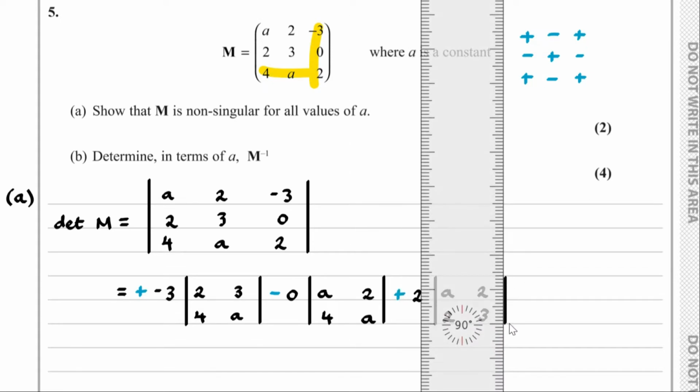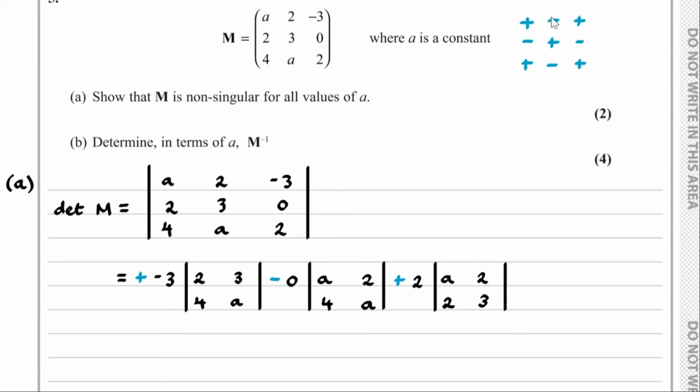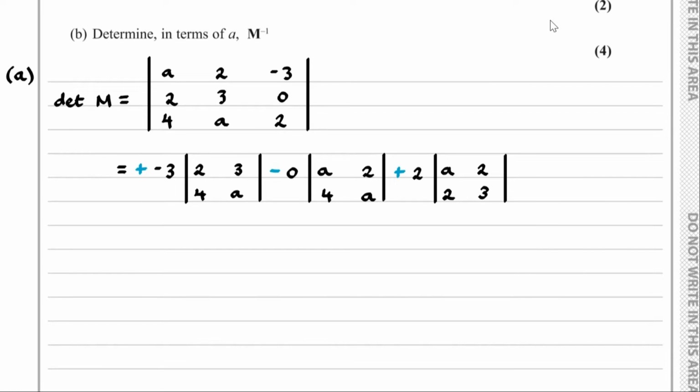And now we need to calculate what this is. So we have -3 multiplied by 2a subtract 12, subtract 0 multiplied by a squared minus 8, plus 2 times 3a minus 4.